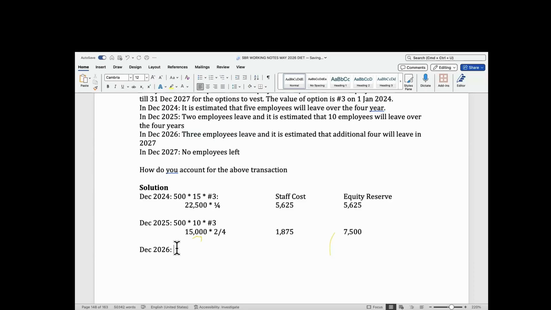So now, based on these estimates and information given to me, how many employees are we providing for? What I mean is, how many people would not leave by 2027? Or how many people will remain at the end of 2027? That would be 20 minus 7, 13. 14.